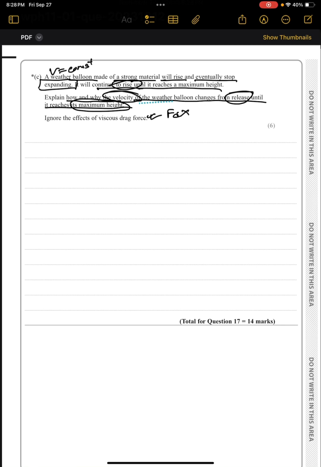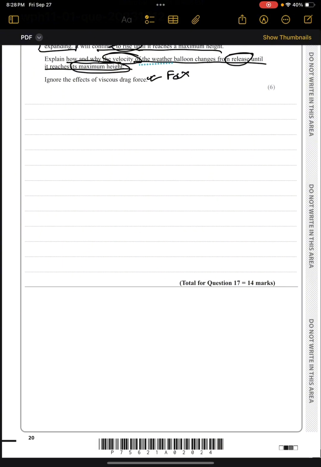Let's mark it down right here. It is the release point, from where the balloon was released. So when the balloon was released, we all know the upthrust was greater than the weight.